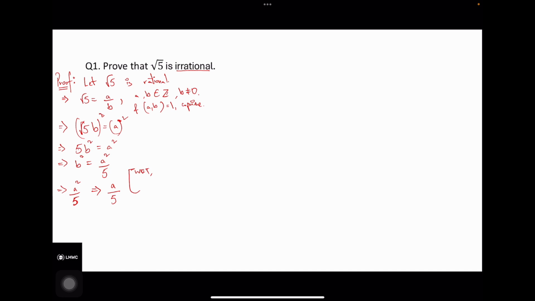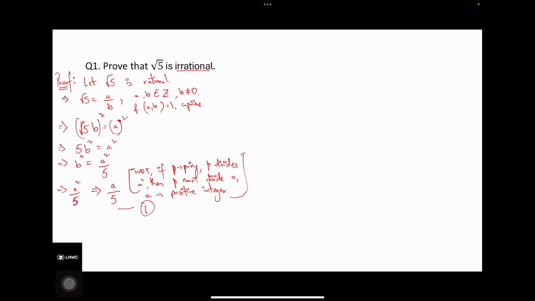We know that if p is a prime and p divides a square, then p must divide a as well, where a is a positive integer. So always you have to mention the theorems. I have written it this way, you can elaborate in a much better way. So this will be your first equation.